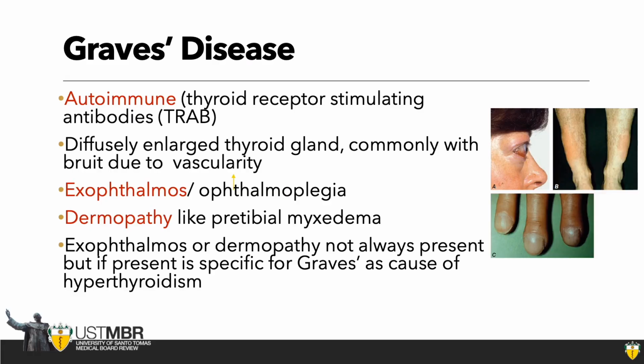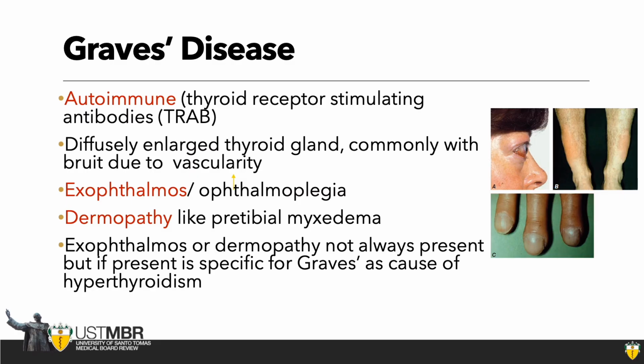First, let's talk about Graves' disease. The most common cause of hyperthyroidism is Graves' disease, which is autoimmune. This is due to the thyroid receptor stimulating antibody called TRAb. This is what we request in the laboratory. Another name for it is TSI, thyroid stimulating immunoglobulin, just in case it comes out on the exam.